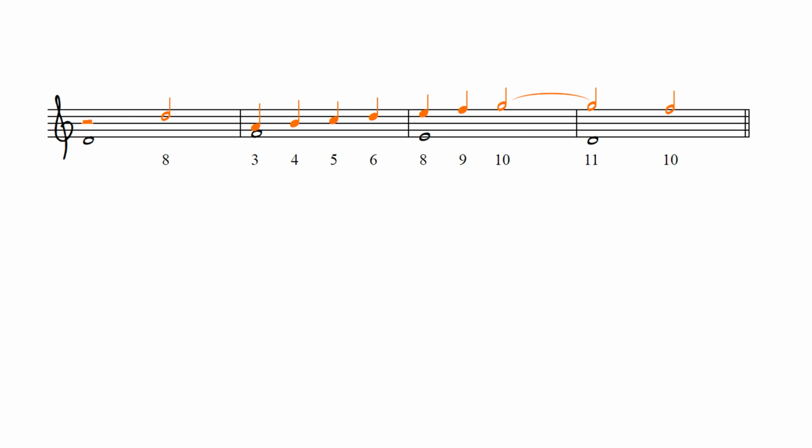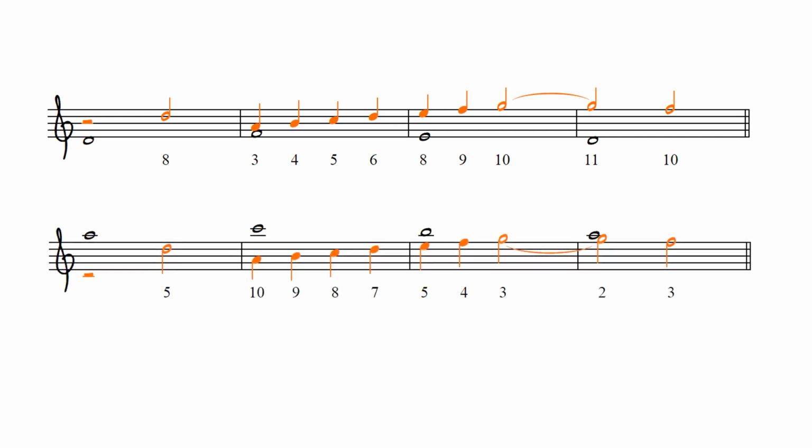Instead of transposing the countersubject down a 12th to create an inversion, I'm going to transpose the fugue subject up a 12th, so that it now begins on scale degree 5.